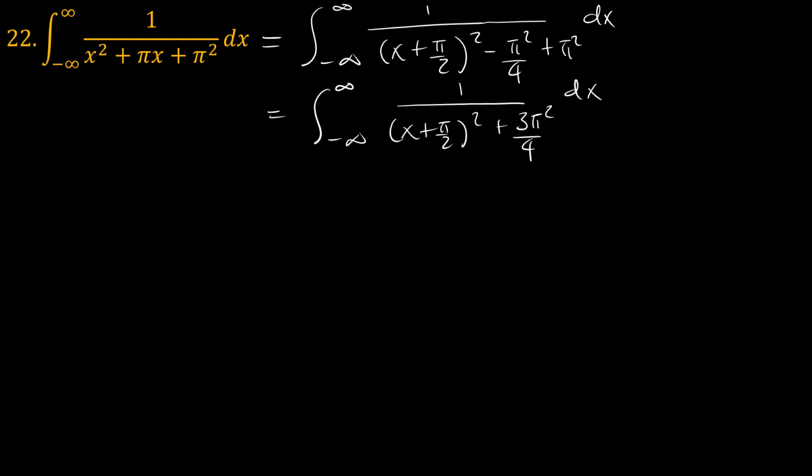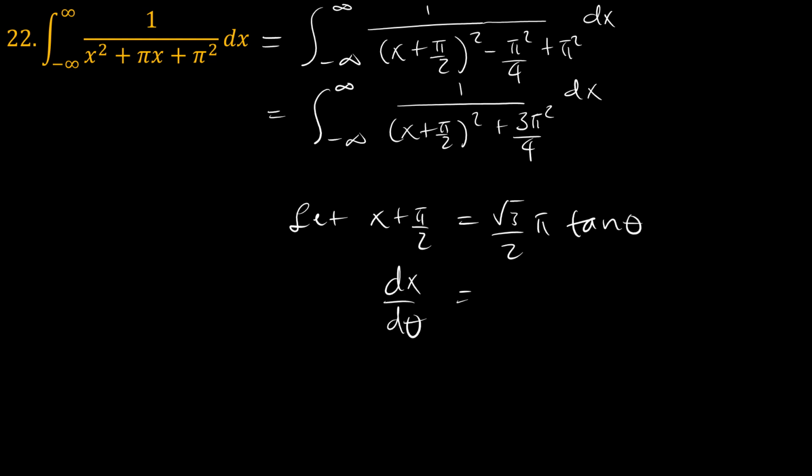So from here I could say let x plus pi over 2 be equal to square root of 3 over 2 pi tan theta, such that dx d theta is equal to square root of 3 over 2 pi sec squared theta.